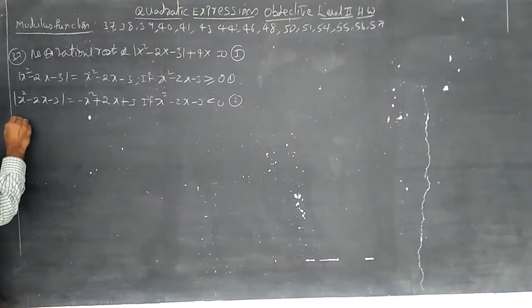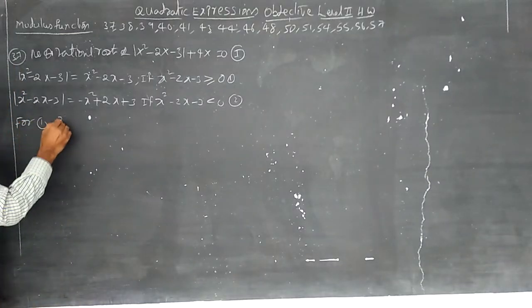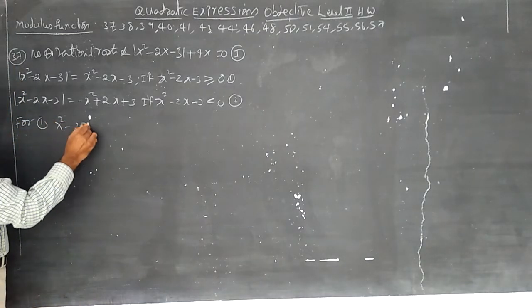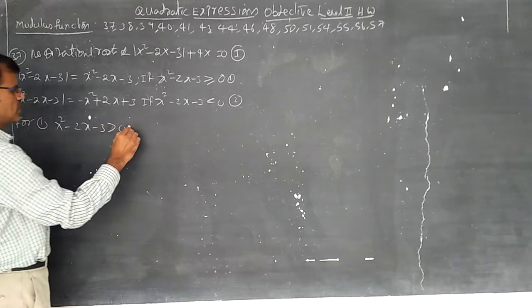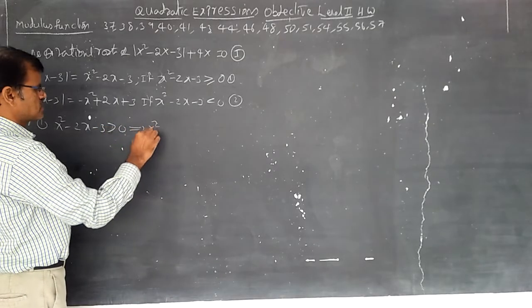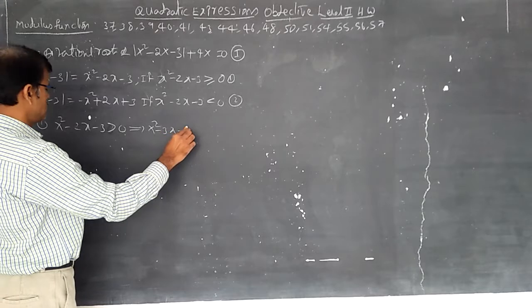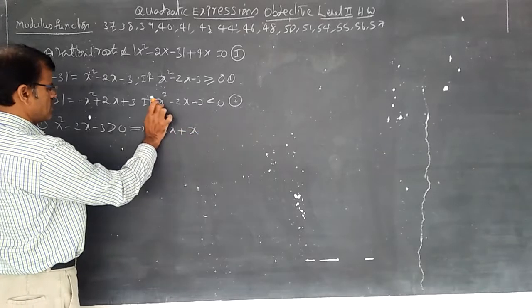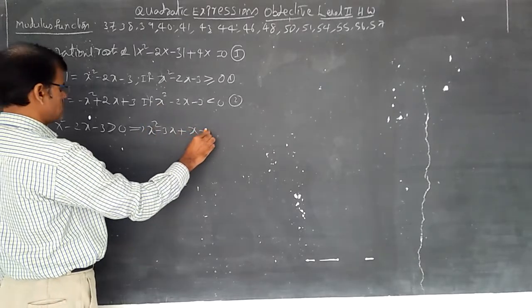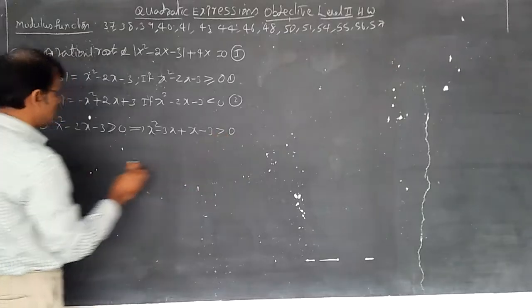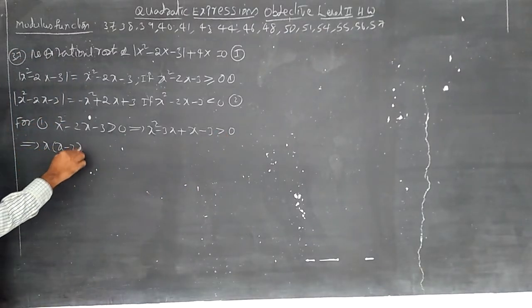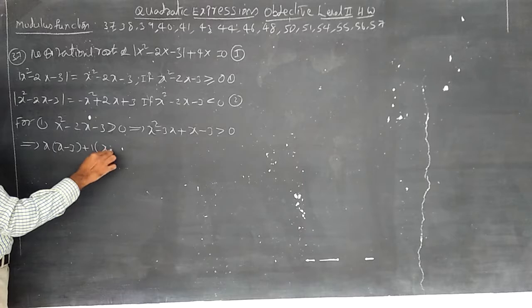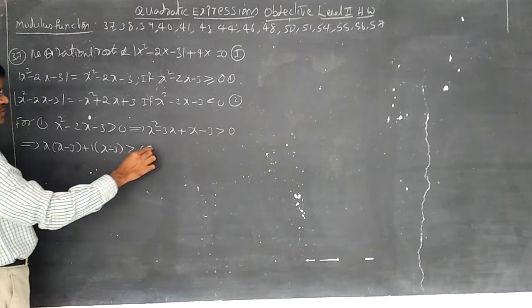For 1, I am writing: x square minus 2x minus 3 greater than 0. That implies x square minus 3x plus x minus 3 greater than 0. That implies x taken common, x into x minus 3 plus 1 into x minus 3 greater than 0.